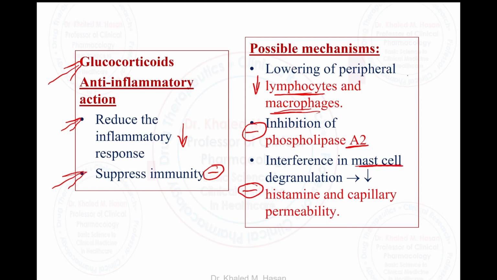So we have three main mechanisms: number one, decrease lymphocytes and macrophages; number two, inhibit phospholipase A2; and number three, interfere with the mast cells. All these will lead to the anti-inflammatory action.